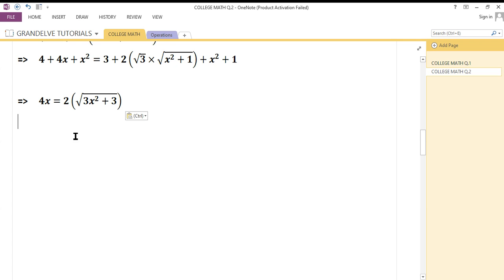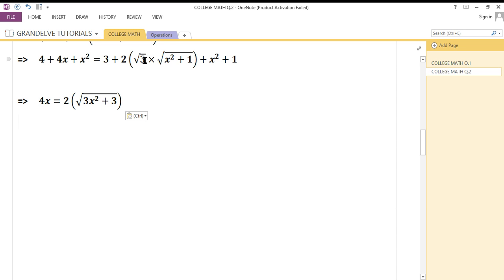Now, with this, you divide through by the 2 here. Okay. So that you have 2x to the left and square root of 3x squared plus 3. Why square root of 3x squared plus 3? Here you see you have square root of 3 and square root of s squared plus 1. The 3 and the s squared plus 1 are all under square root and they are being multiplied.